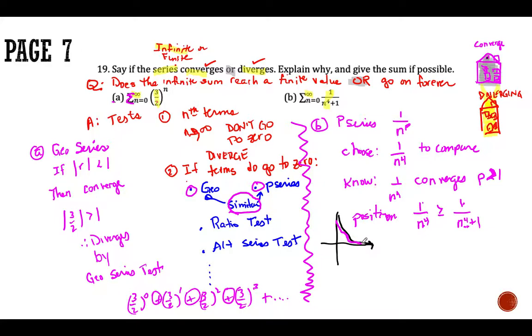And if you know 1 over n to the 4th has way, way small numbers that will keep the sum in the house, then by the direct comparison test, it converges.